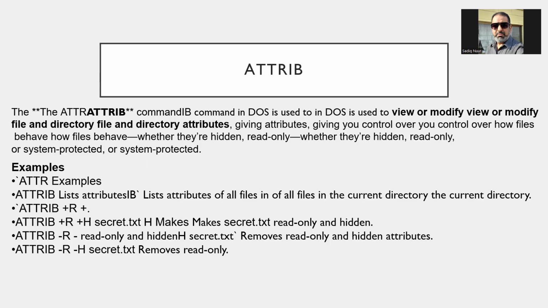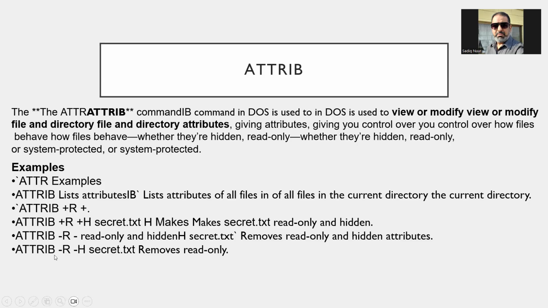Whether you want to hide it, or you want to make the file read only, right? Or you want to protect the system, right? So we're going to work on this now. I will show you how to do that.